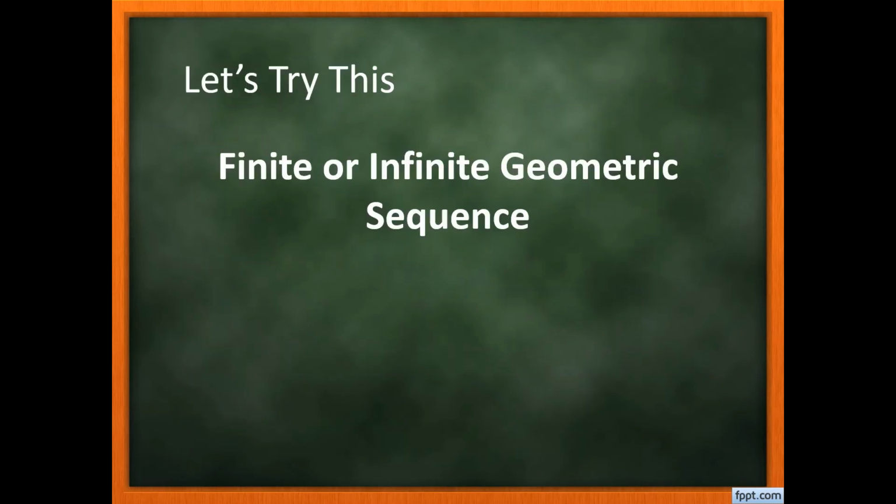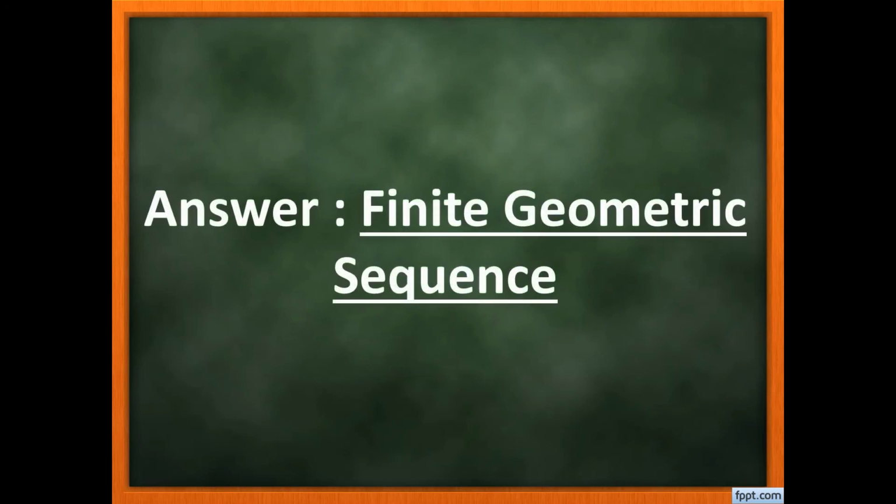Let's try this. Let us identify whether it is a finite or infinite geometric sequence. Given 4, 20, 100, up to 12,500. If your answer is finite geometric sequence, then you got it right.